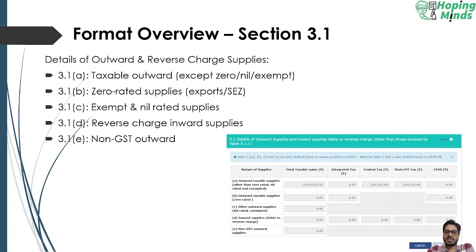Then non-GST outward supplies. Those supplies which are not within the ambit of GST are to be declared in this column.